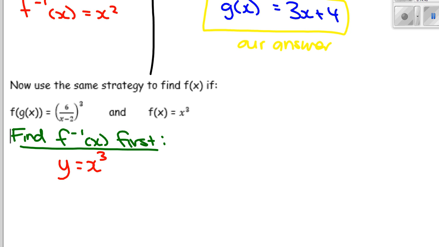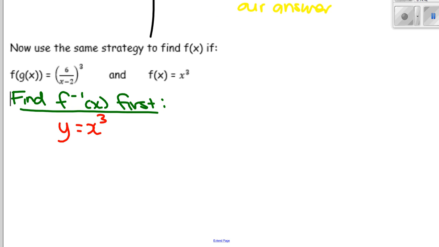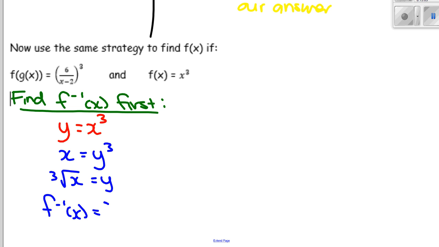Let's swap the x and y around first. X equals y cubed. So what will our inverse function be? Yeah, cube root of x. So we write f of minus 1 of x.